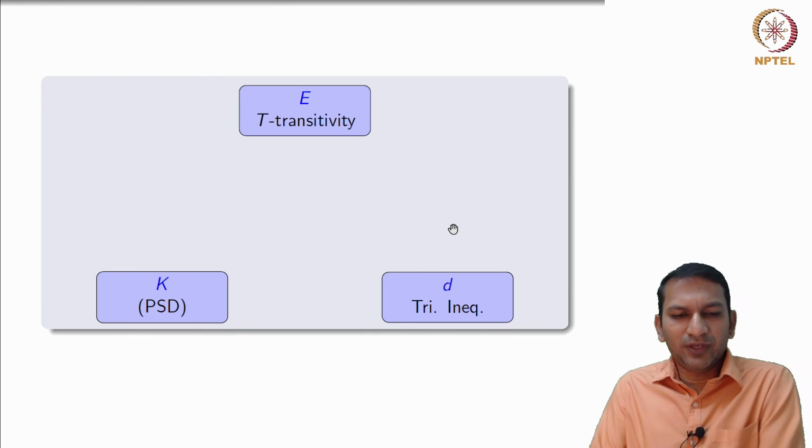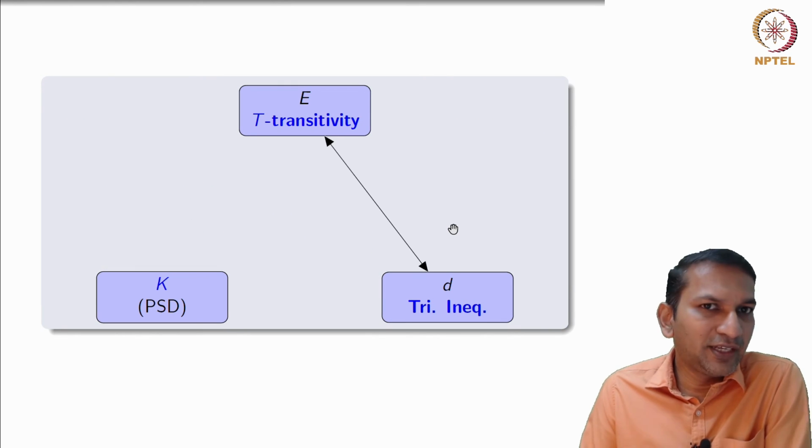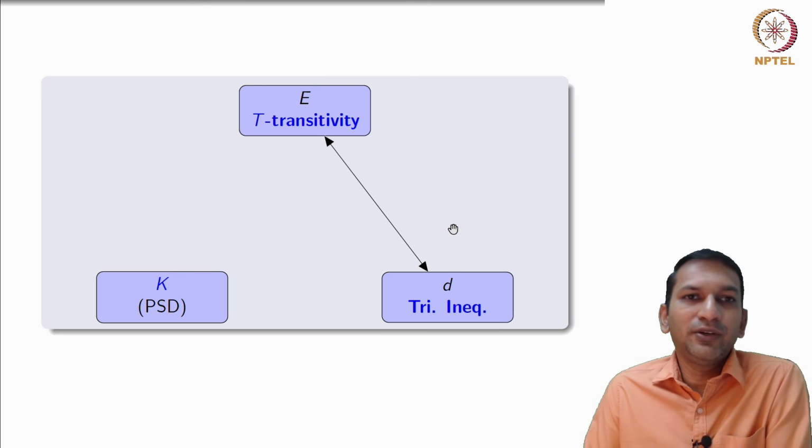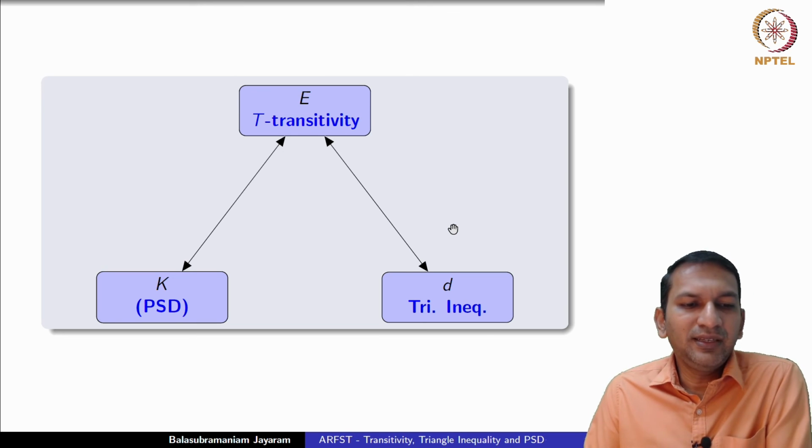So what have we seen so far? We saw earlier that T-transitivity can be related to triangle inequality of metrics defined in a particular way, and now we are seeing that T-transitivity can also be related to the positive semi-definiteness property of the relation.